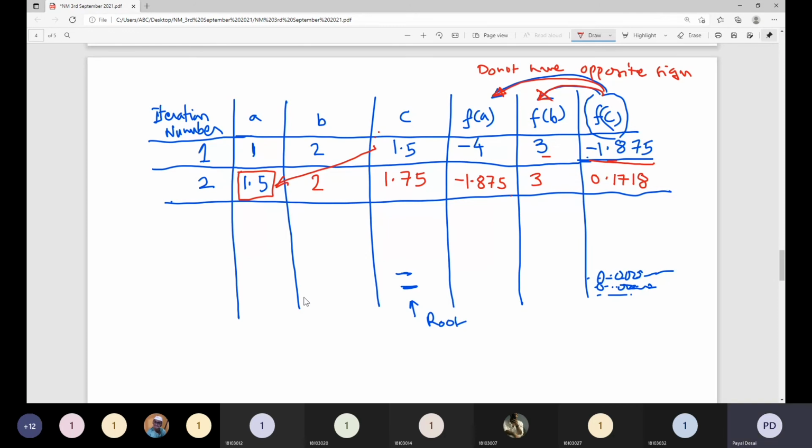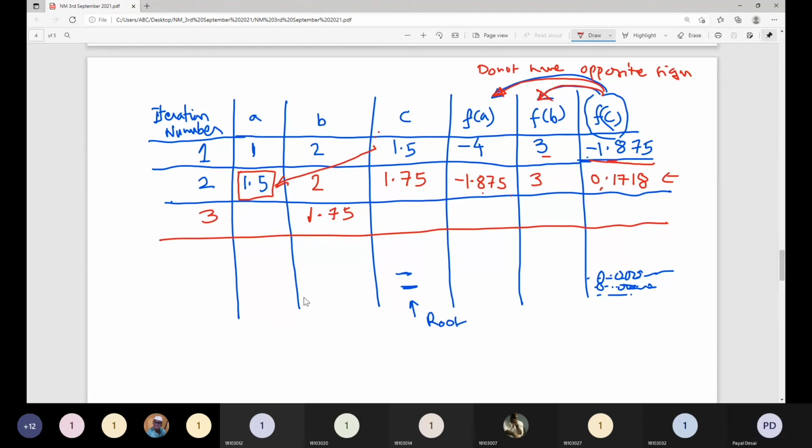Okay, now observe again. This function has opposite sign: FA and FC have opposite sign. That means B is equal to C. So the value of C we have to choose as the value of B is 1.75, somewhere here. So for this third iteration, I have to compare these two values.